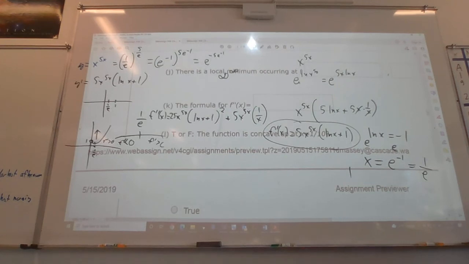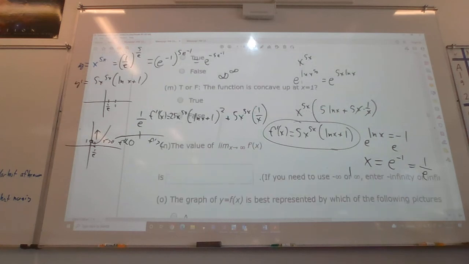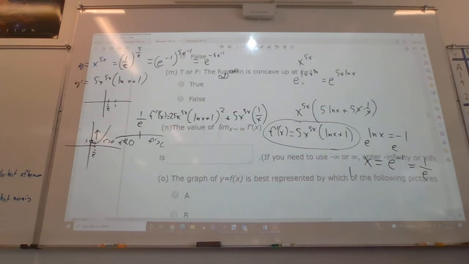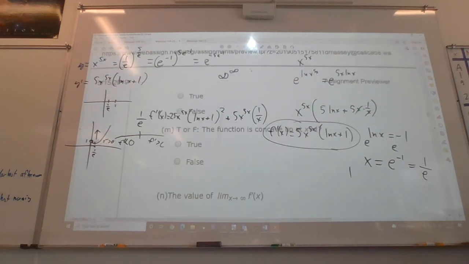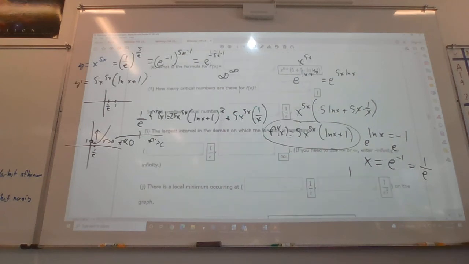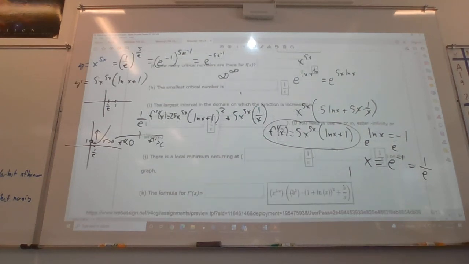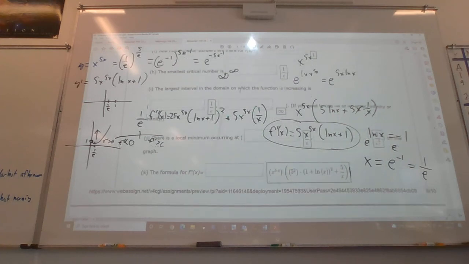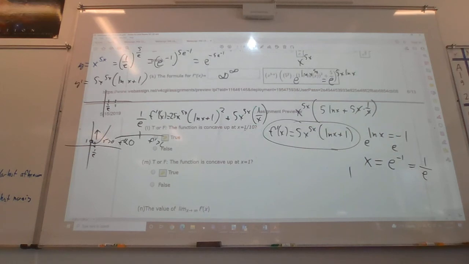Are we done yet? True. The function is concave up at x equals 1. It's always concave up, yes. Uh-oh, they're scaring me saying that. We better check. 1 over e, infinity. Okay, how about these answers? True. Okay, good. It is true.